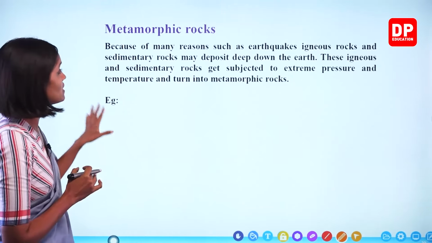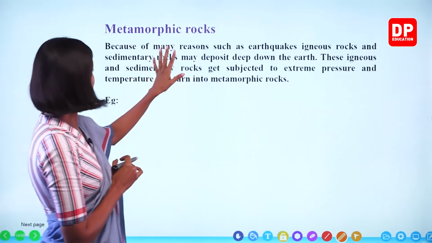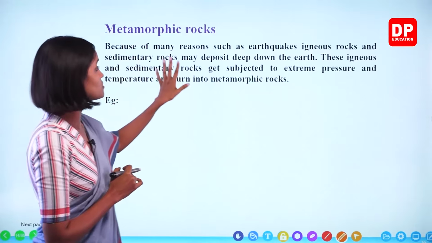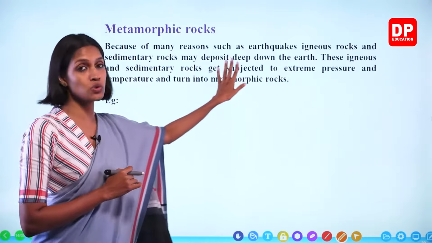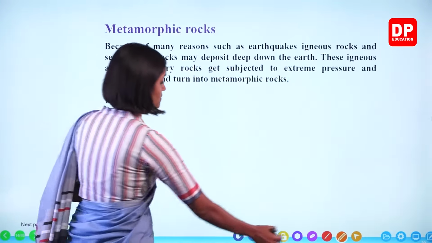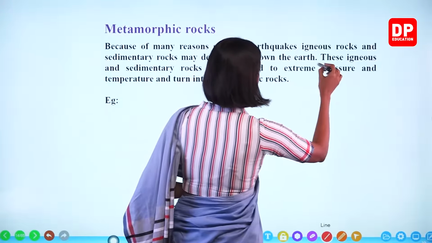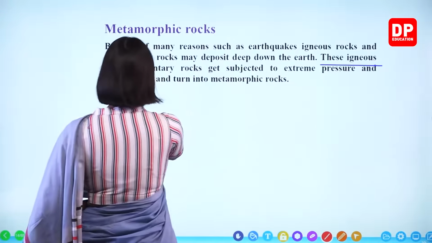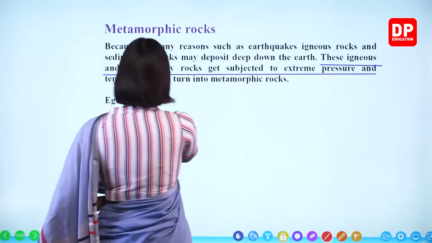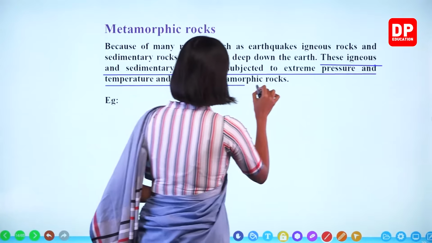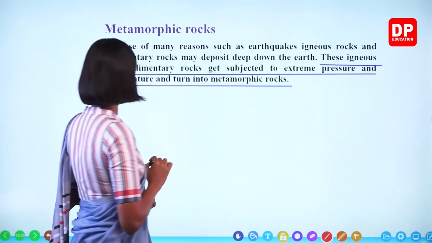Okay? So these igneous and sedimentary rocks get subjected to extreme pressure and temperature and turn into metamorphic rocks.